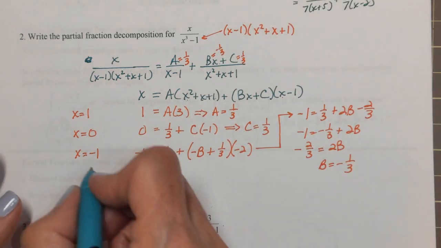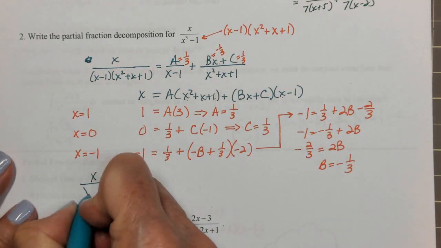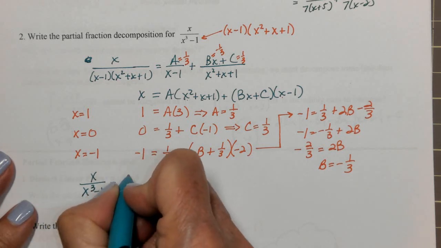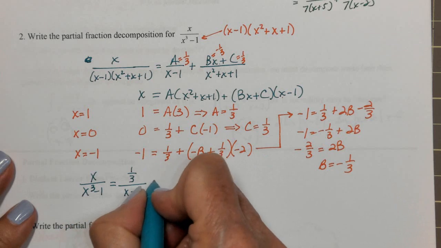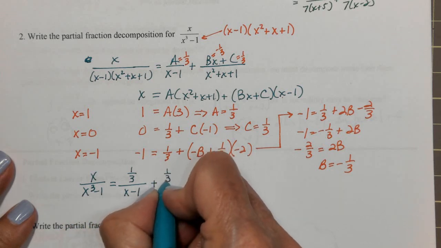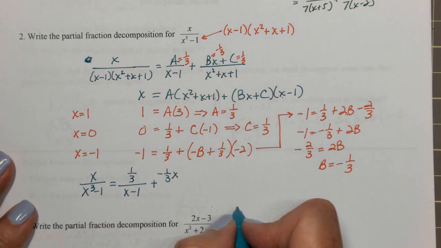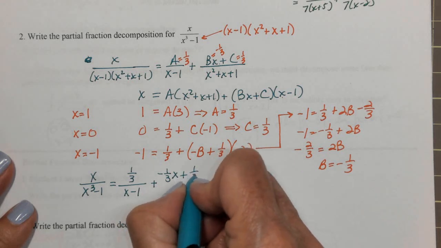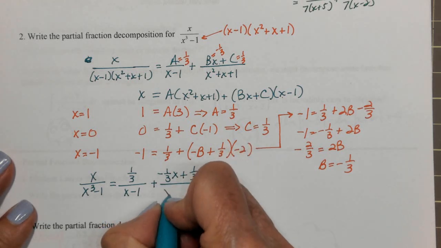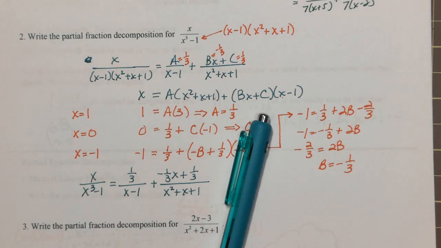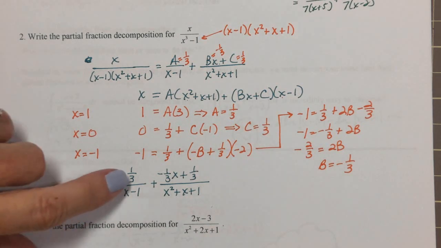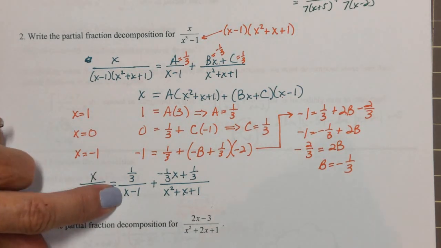And so my answer here, x over x cubed minus 1, is 1/3 over x minus 1 plus negative 1/3 x plus 1/3 divided by x squared plus x plus 1. Okay, and again, another way to write that would be move this 3 to the bottom.